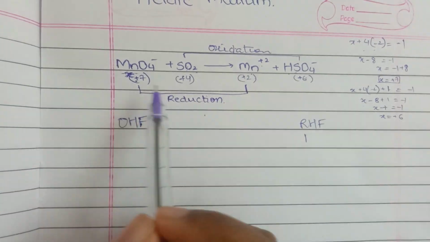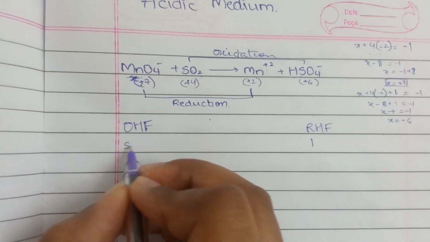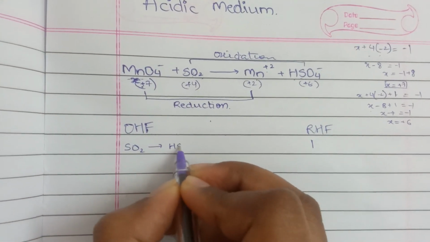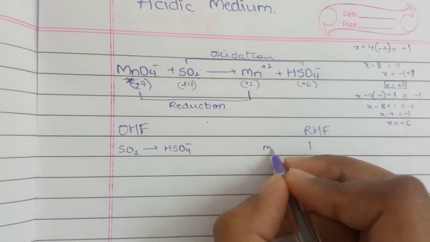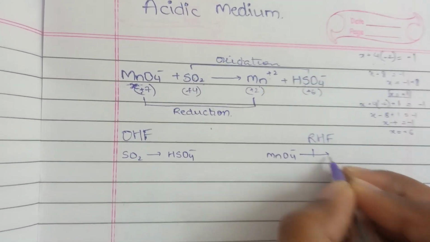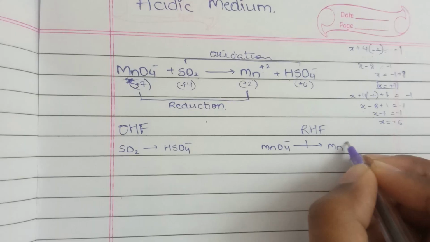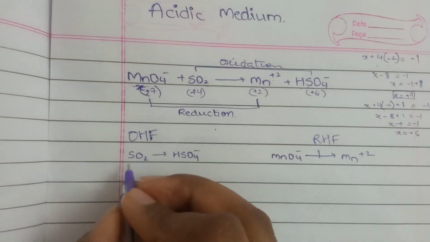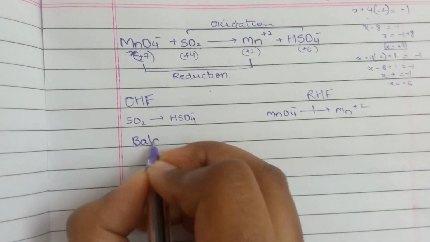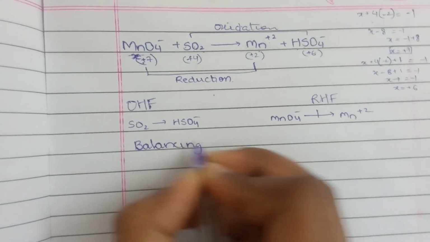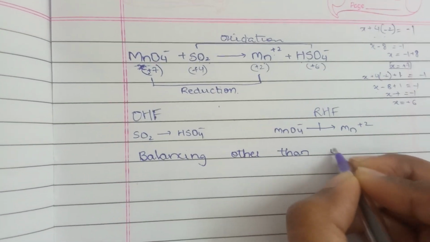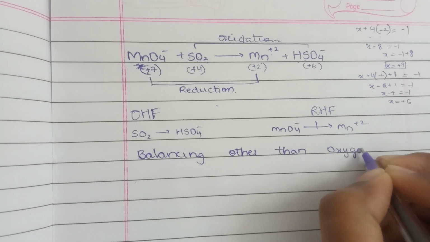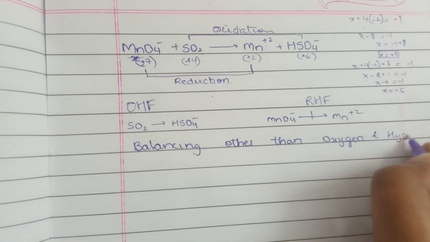So for oxidation we have this one, SO2 gives rise to HSO4 minus, and for reduction we have MnO4 minus gives rise to Mn+2. First is balancing other than oxygen and hydrogen.